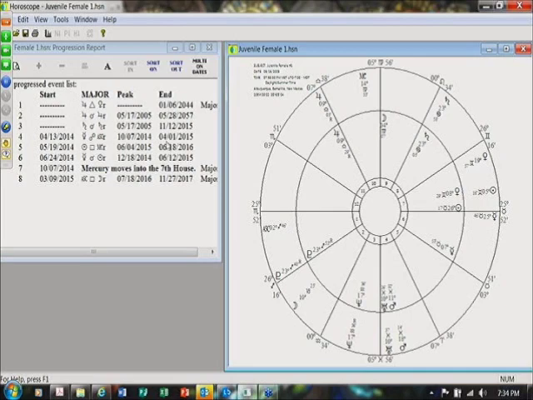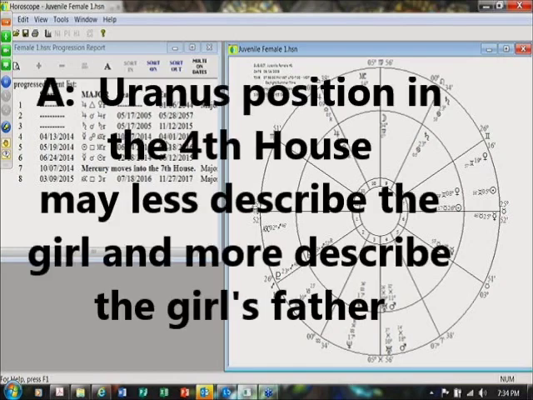If Uranus is the dominant planet in the chart, that would also describe the person, because the dominant planet is the signature of the chart. But in the 4th house, Uranus's position there may less describe the girl and more describe the father.